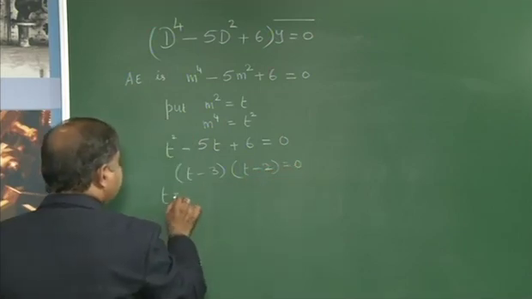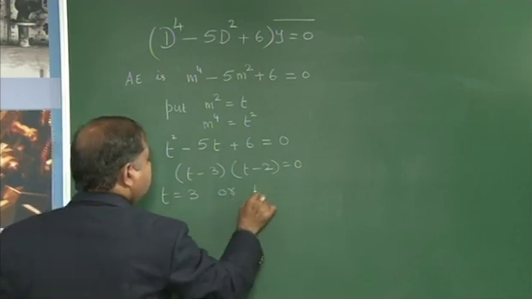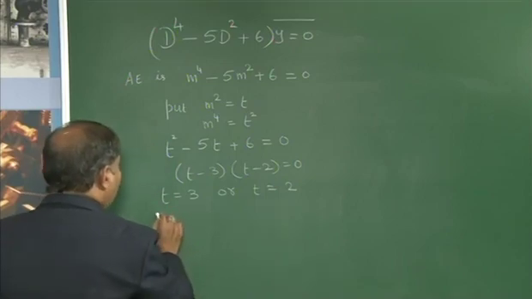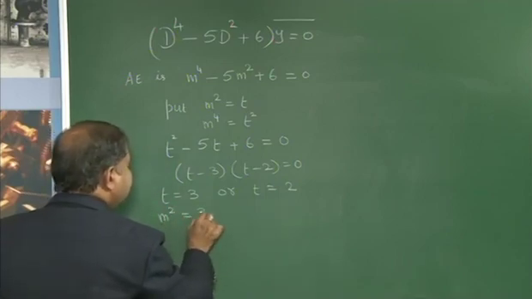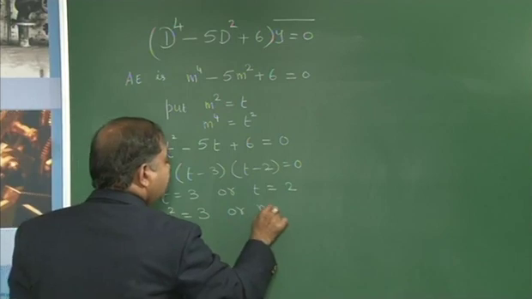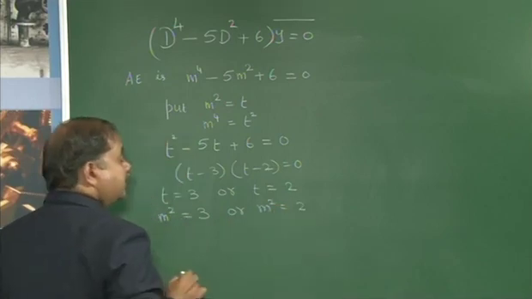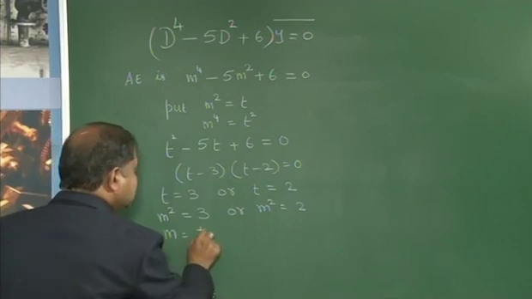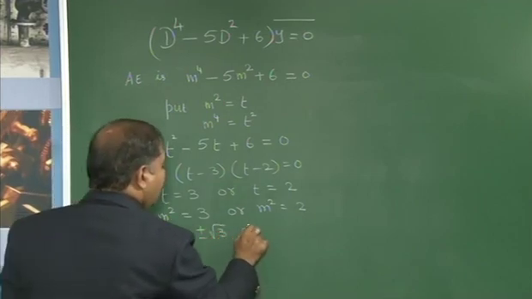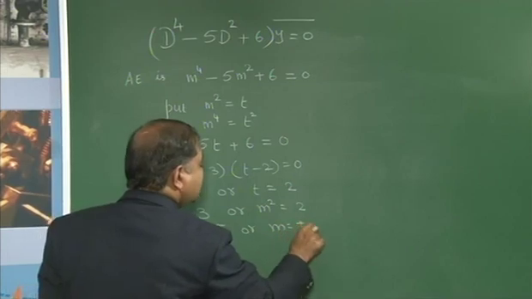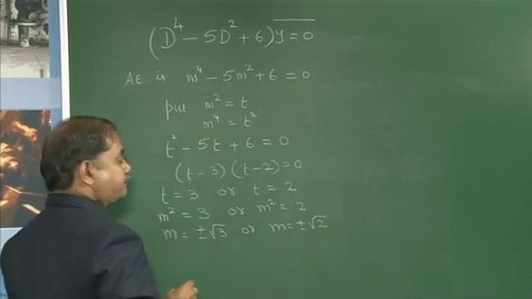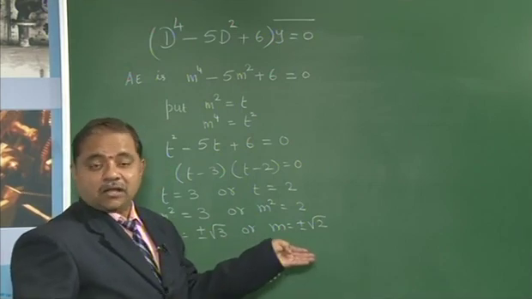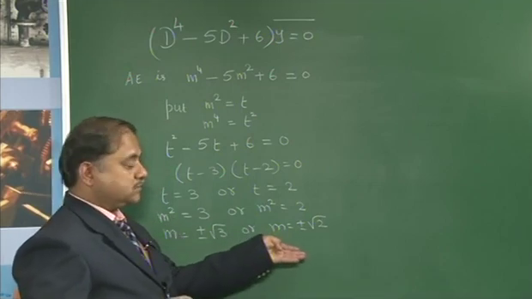I will get t is equal to 3 or t is equal to 2. What is meant by t? It is m squared. So m squared is equal to 3, m squared is equal to 2. Now m is plus or minus root 3 or plus or minus root 2. There are 4 roots now, all different.